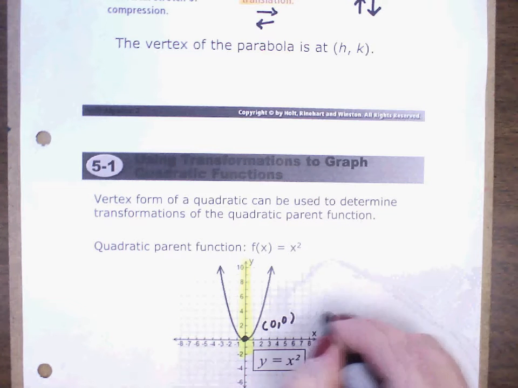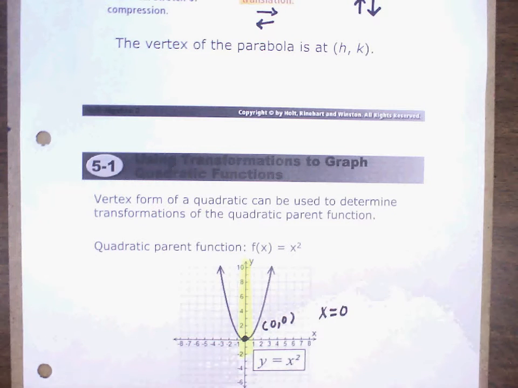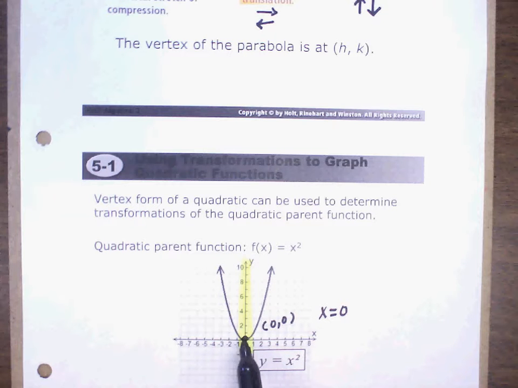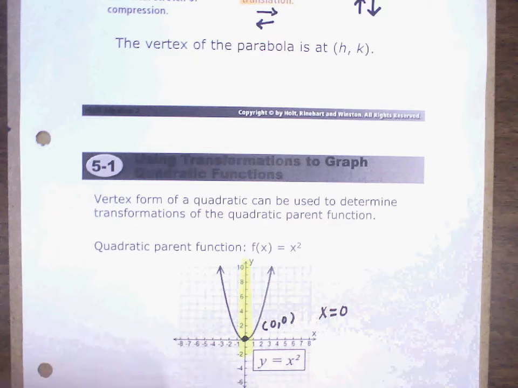What's my axis of symmetry? No, don't tell me 0. Tell me x equals 0, right? And then that's the line that is going to divide it in half, right? So you have the axis of symmetry is that vertex. It's also, in this case, the minimum, but in the case that it opens down, it would be the maximum. All right, so you got all that down. Very good. Let's go to the next one.